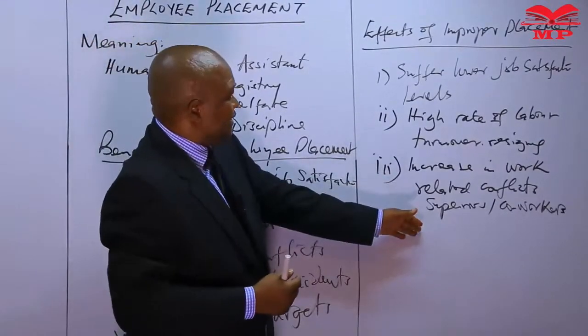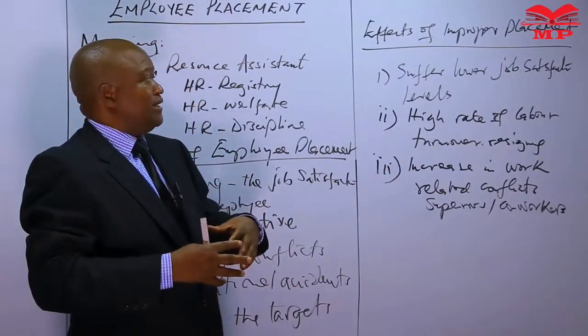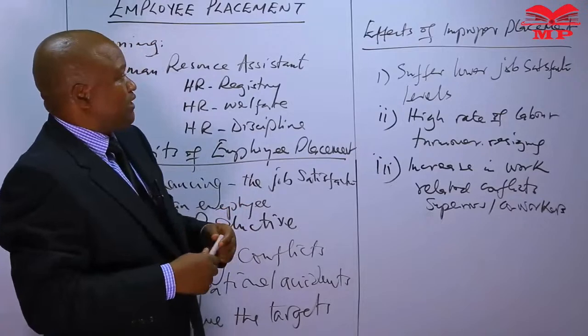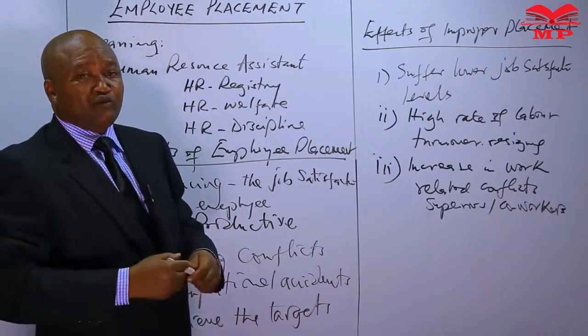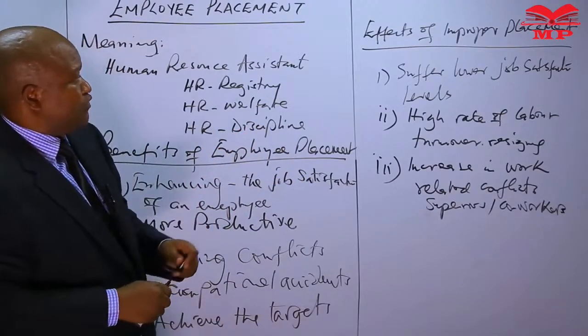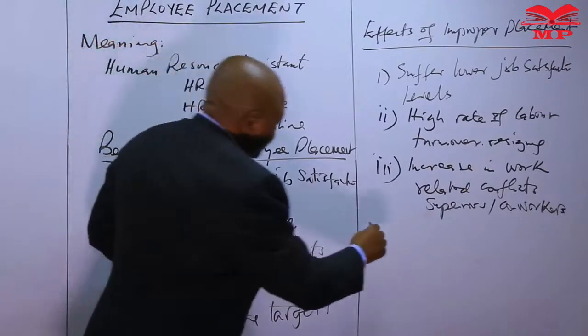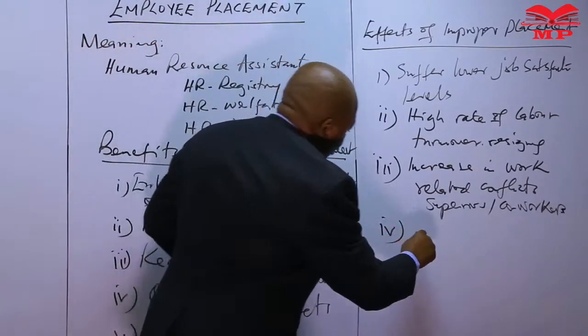Hence, when an employee has been put in an environment that does not align well with what they possess in terms of skills and knowledge, that will create adverse effects of improper placement within the working environment.